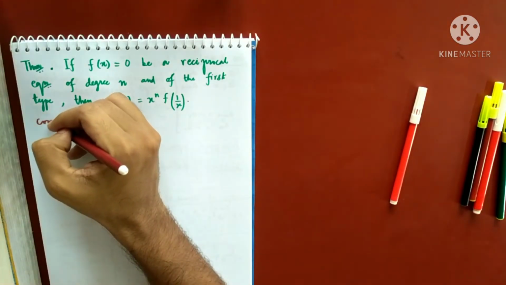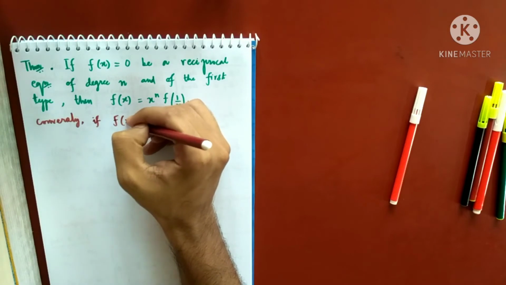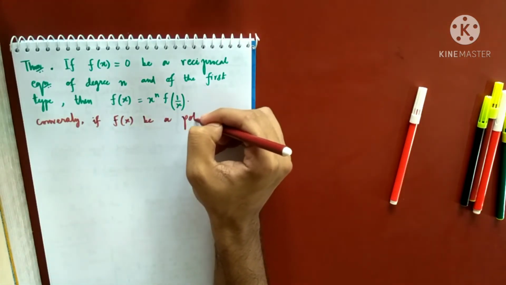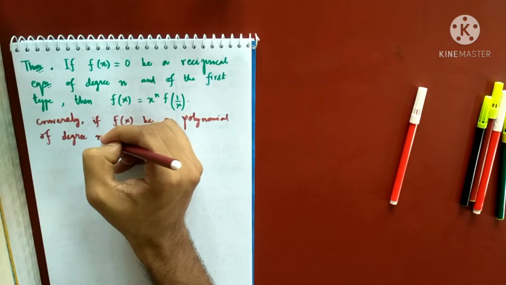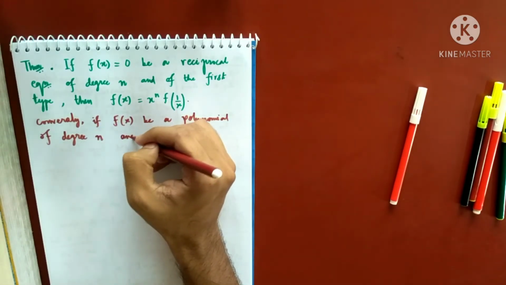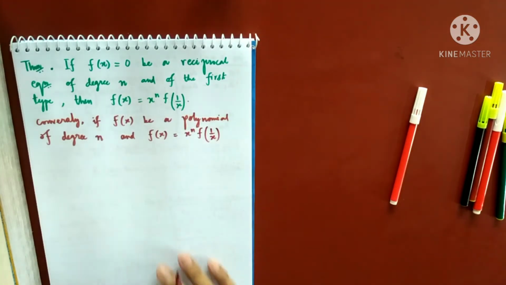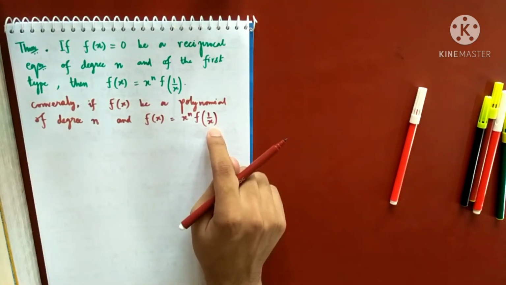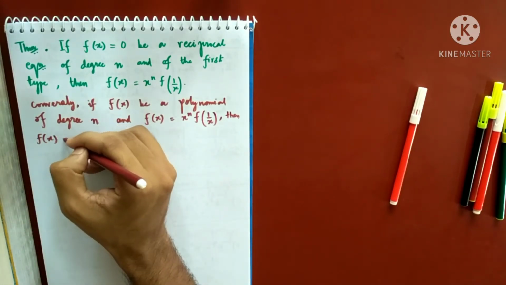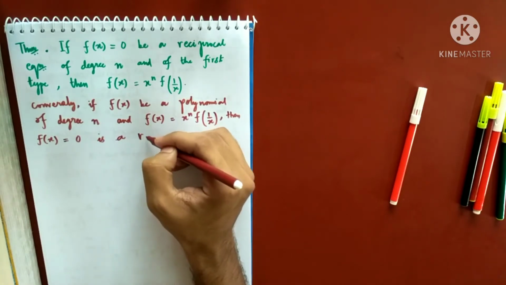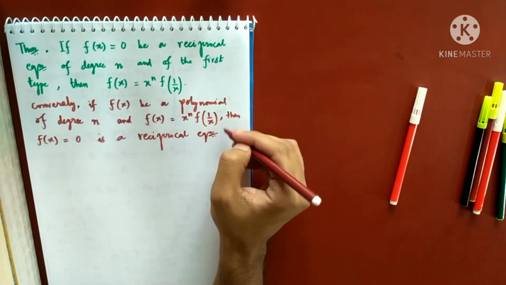So conversely, if f(x) be a polynomial of degree n and f(x) = x^n f(1/x), so if any polynomial of degree n can be written in this form, then f(x) = 0 is a reciprocal equation of the first type.